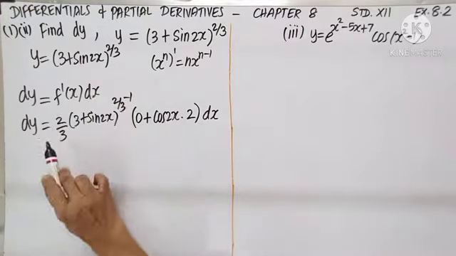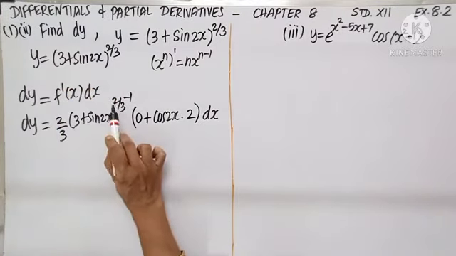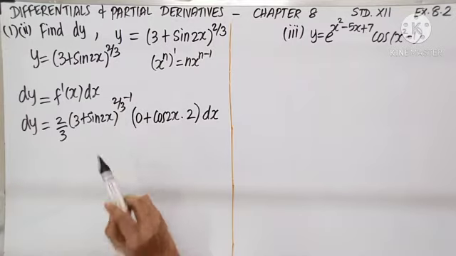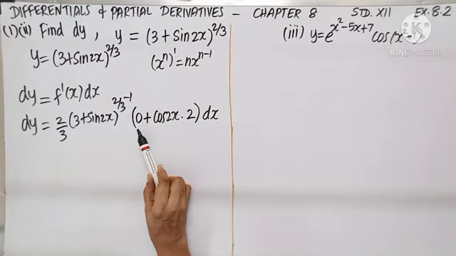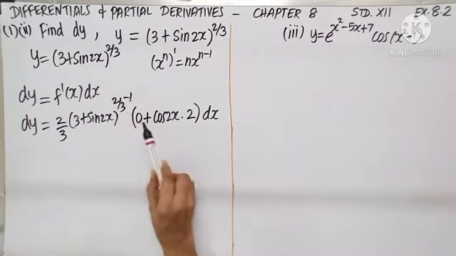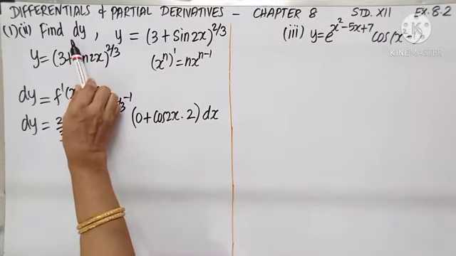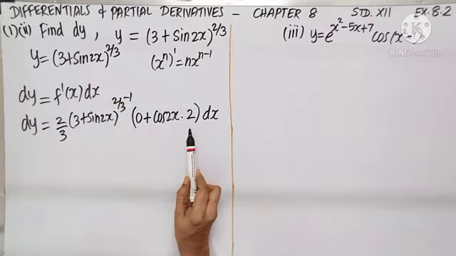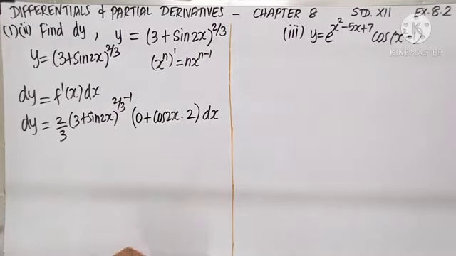First the power rule, 2 by 3, whatever is inside the bracket, power 2 by 3 minus 1. Hide the power. 3 constant will become 0. Sine will become cos, so sine 2x will become cos 2x into hide sine. 2x will become 2. The full differential over, remember to put dx.